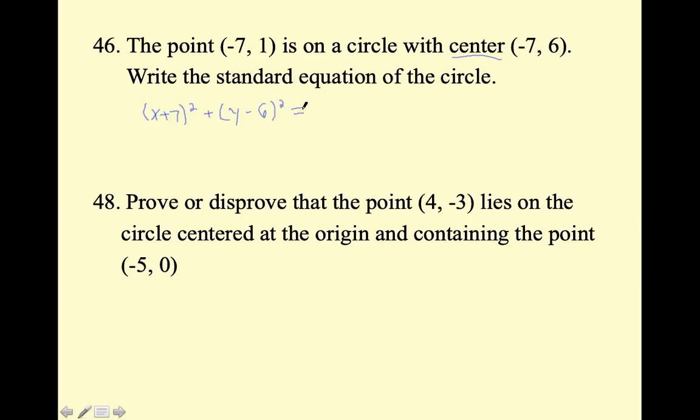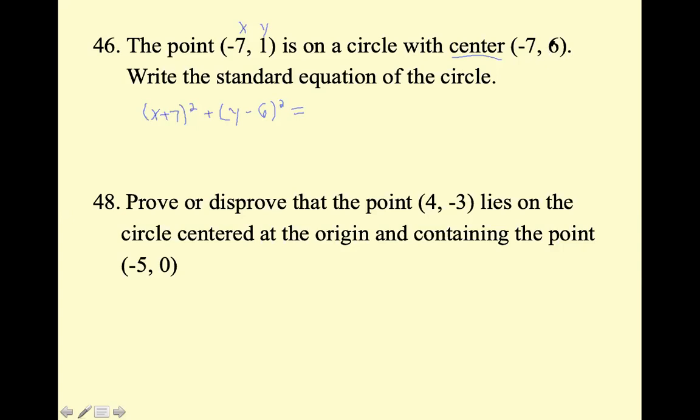So I have to figure out the radius. Now I could have plugged this point in for x and y. We had some examples where we did that in the notes. I could also graph this. But this one, I think it's just as easy to look. If I go from the point negative 7, 1 to the point negative 7, 6, how far away is that?